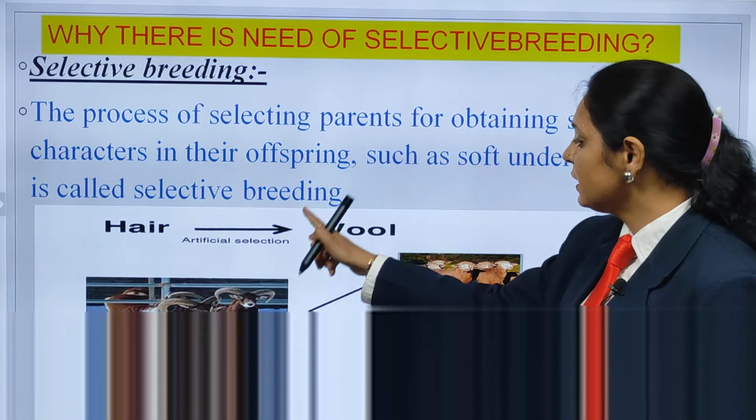Please note this down, as the pashmina shawl is very famous. From where do you get that? From the Kashmiri goat, because it is very soft. Then the fur of the camel and the alpaca, found in South America, also yield wool.